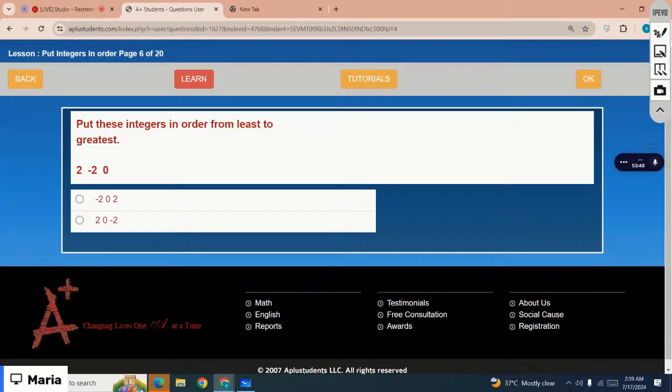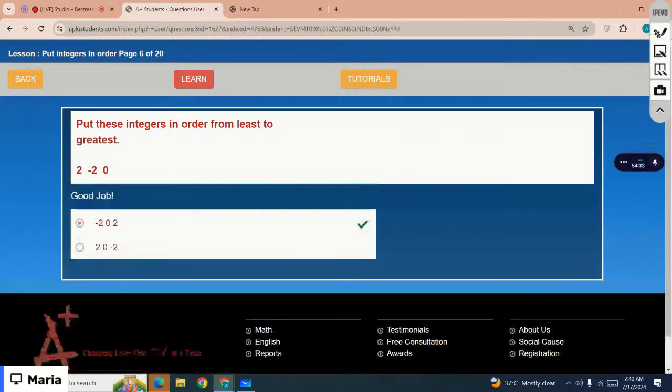So which is the correct option? That is option number one, -2, 0, and 2. Option number one is the correct option.